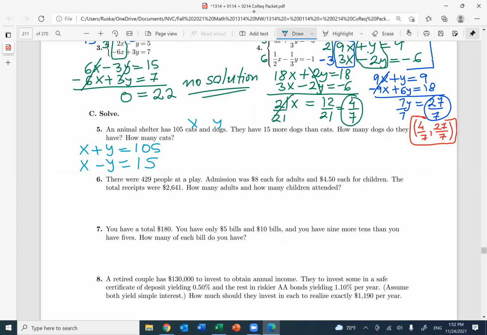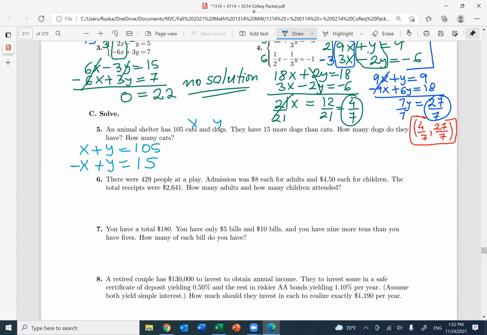Everybody understand that? Because there are 15 more dogs. Hold on. It's backwards, sorry. It's Y minus X, right?